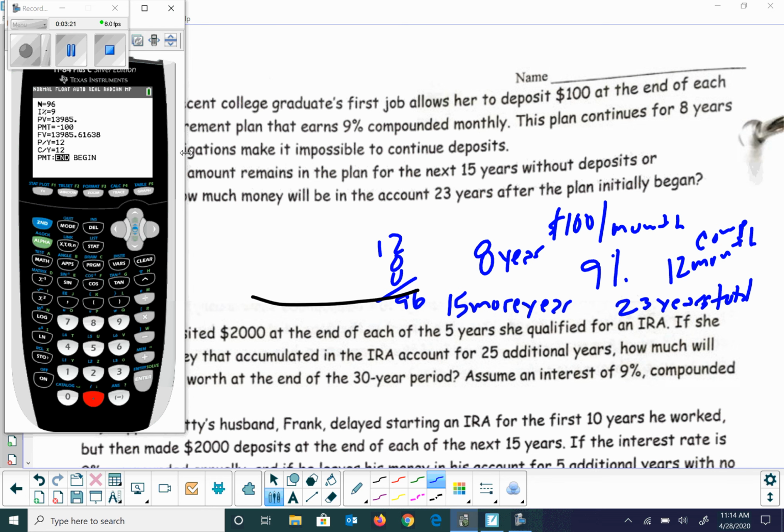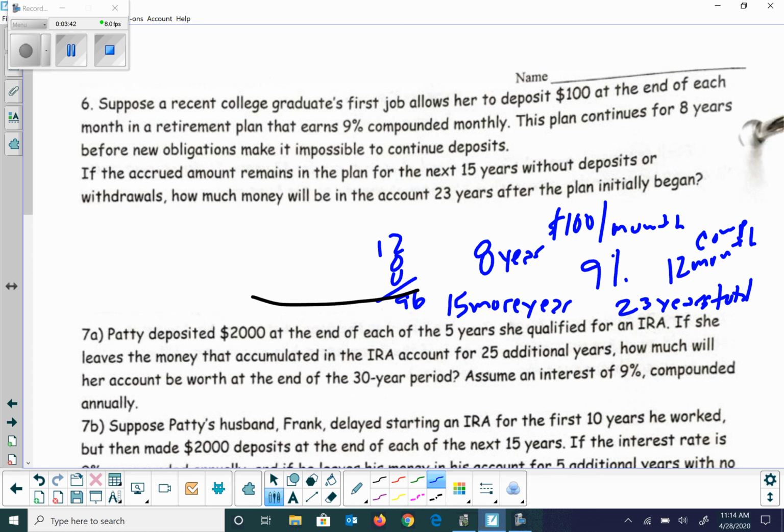Okay, so now we are going to move up to the present value, 13,985.62. Okay, and she's not investing anymore, but it is compounding every month for the next, let's see, 15, so 12 times 15, let's do that math. 15 times 12, what is that going to be?